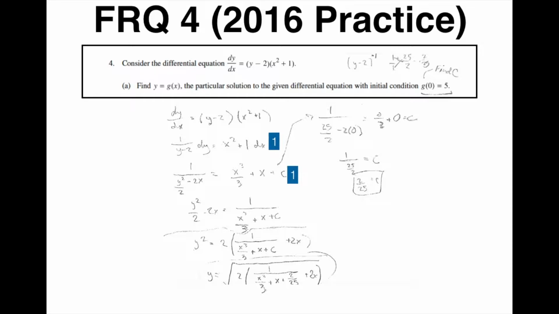So 1 point for separating the variables, 1 point for the first integral, and then no point for the other integral. And I'm sorry, apparently the student earned 1 point for finding the correct constant. So 0 points for the final step.